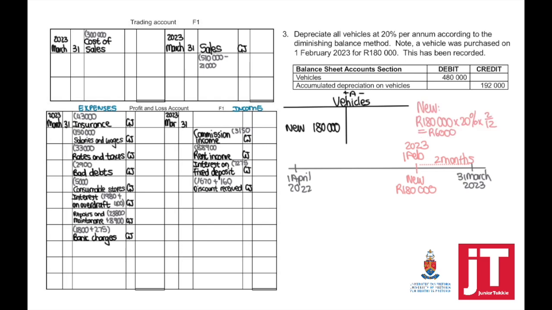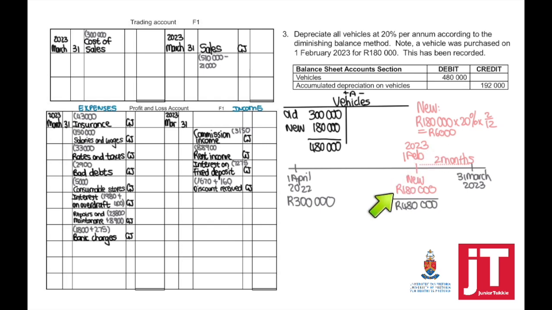So to find out the balance in the beginning, we will need to take 480,000 minus 180,000 so that we can find out what the depreciation is that we need to calculate on the old, that which we had since the beginning of the accounting period. So this is where if we get the balances wrong, we're going to calculate the depreciation incorrectly on the old.